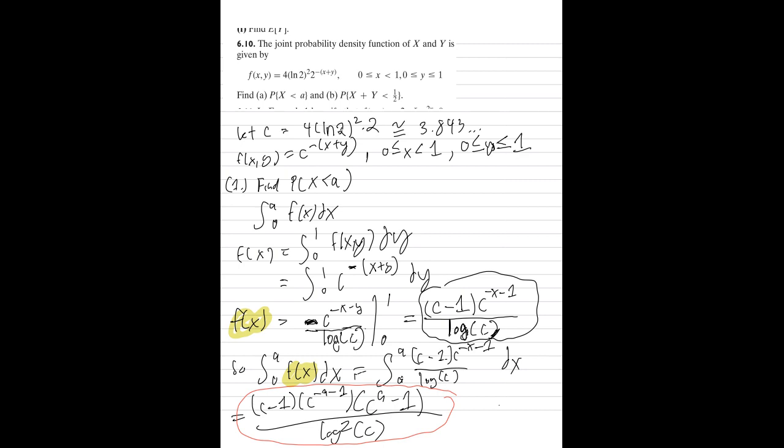That's not a constant, not part of it. The scalar is only 4 and ln 2 squared. Okay, I see. So I guess the calculation will be slightly off then.